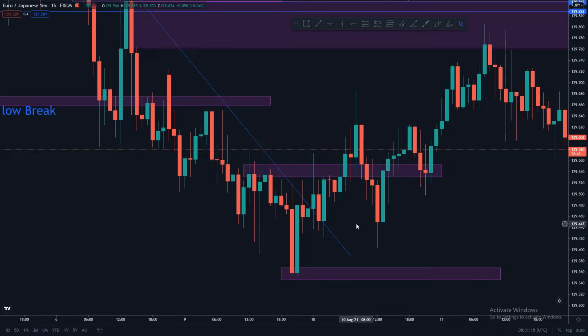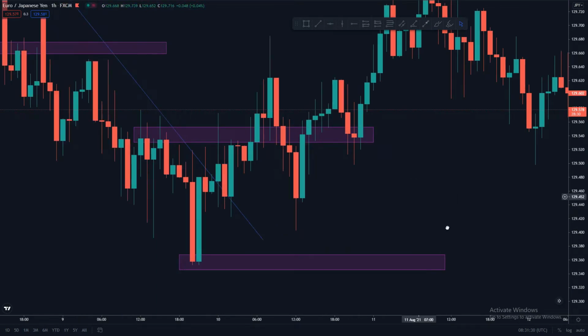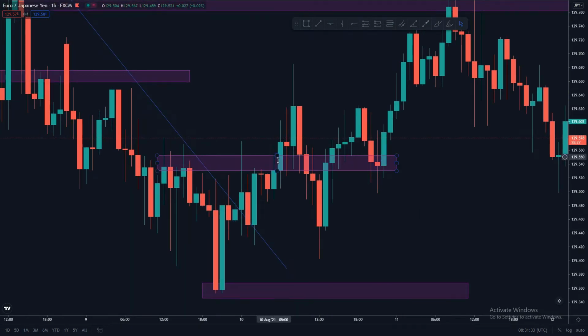This is the first example that I want to show you of how you can enter your trade. The first thing that you have to do is identify your order block. You identify it when the previous structure has been broken, and you then identify either a bearish or bullish order block, which is the last red or green candle the market formed before going up or down.